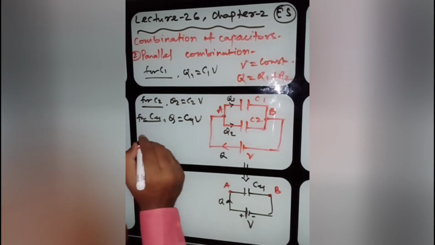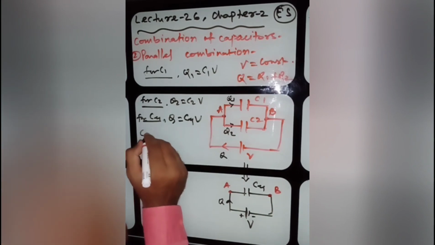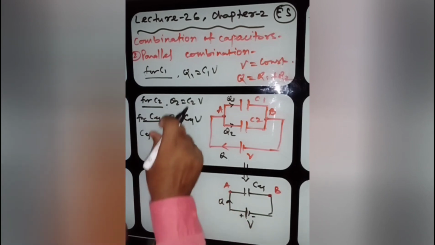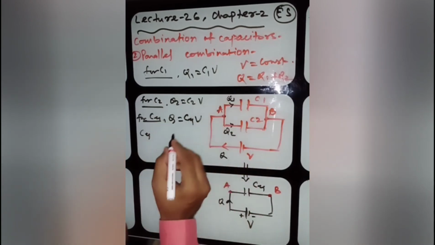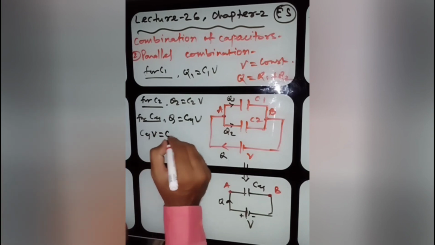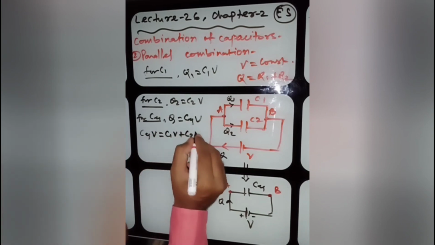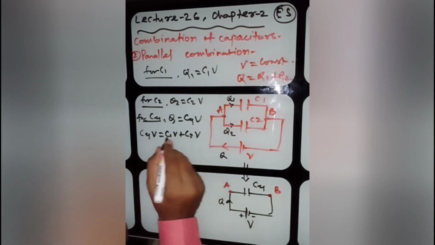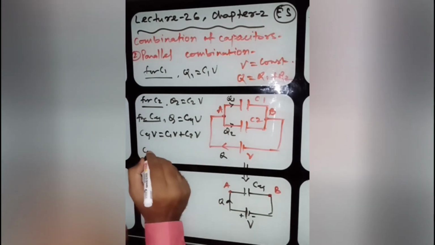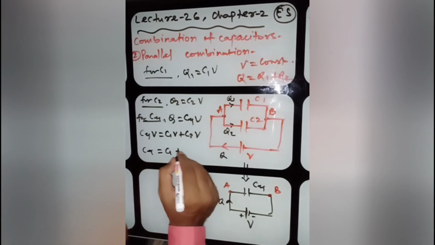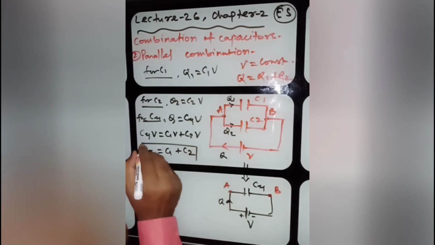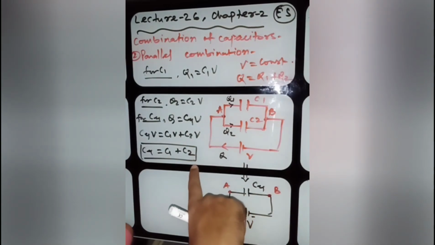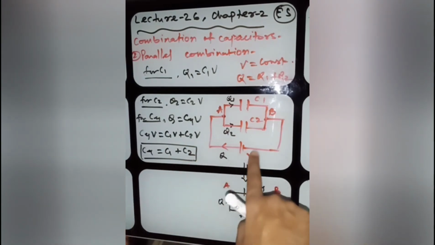So Q equals Q1 plus Q2, that is C equivalent V equals C1V plus C2V. Can we cancel out this V by taking it common? Yes, it is common and will cancel. C equivalent equals C1 plus C2. For parallel combination, you have the equation C equivalent equals C1 plus C2.